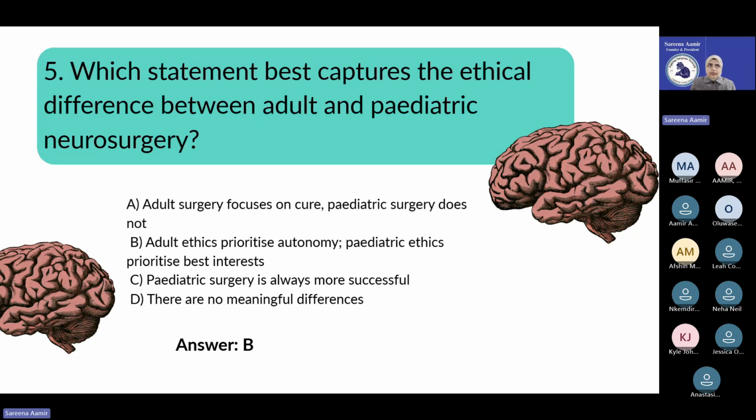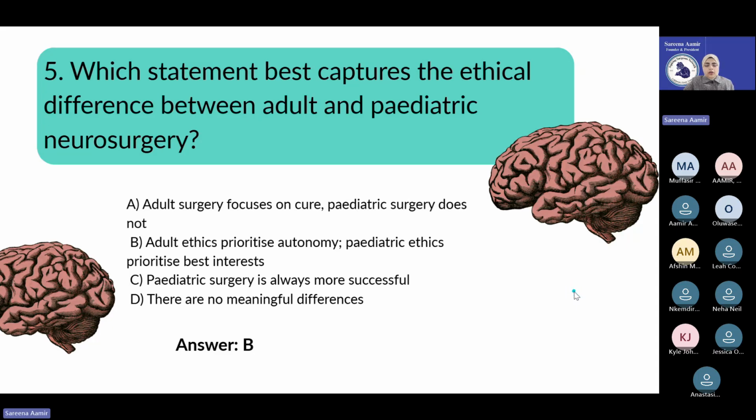That's why we have Gillick competence, which is technically used for the contraceptive side of things, but can also be applied to these types of cases. So it is definitely B. Pediatric ethics prioritize the best interest of the pediatric patient.